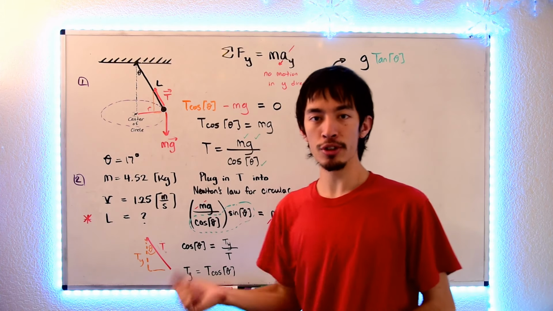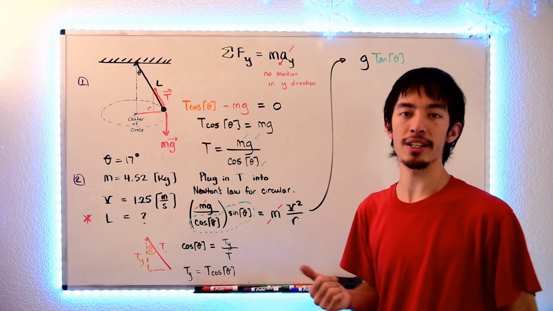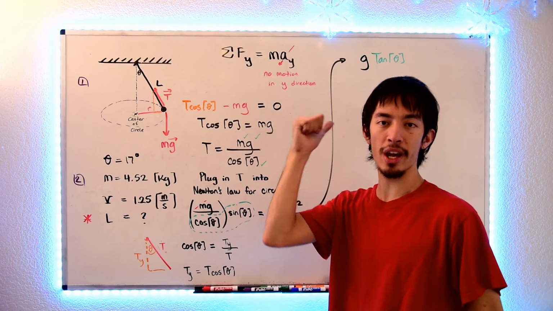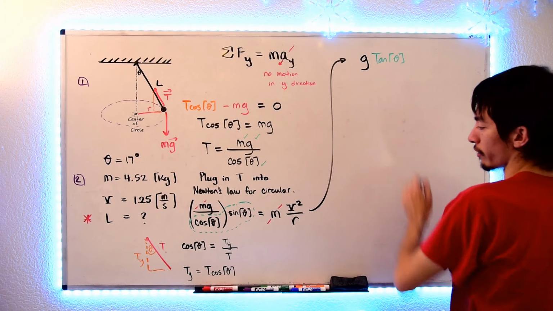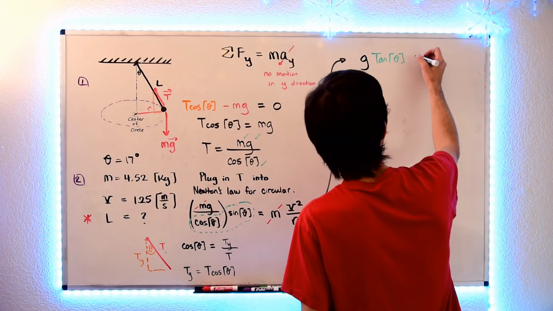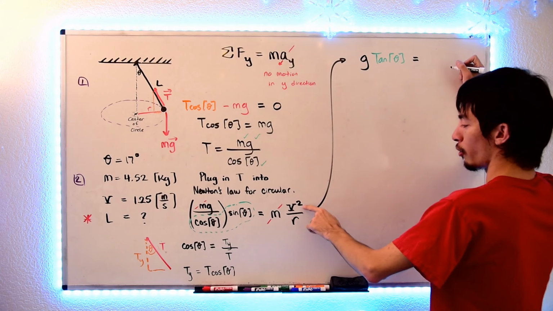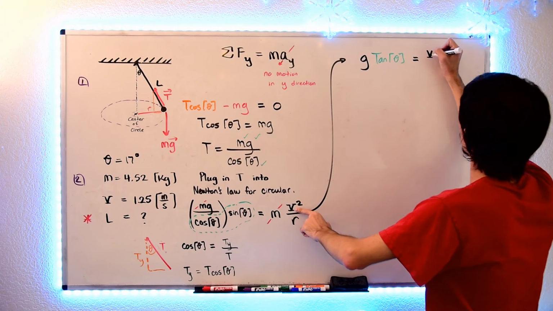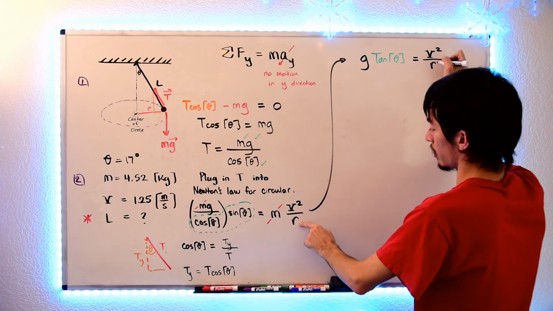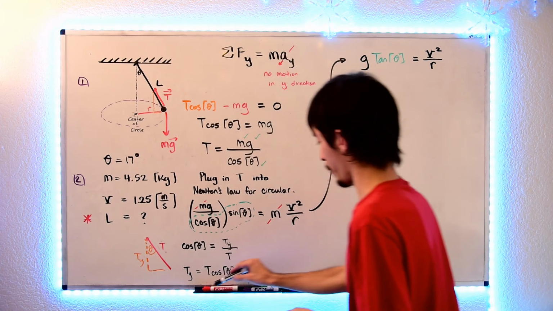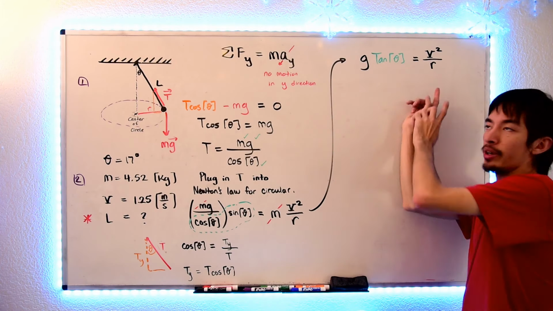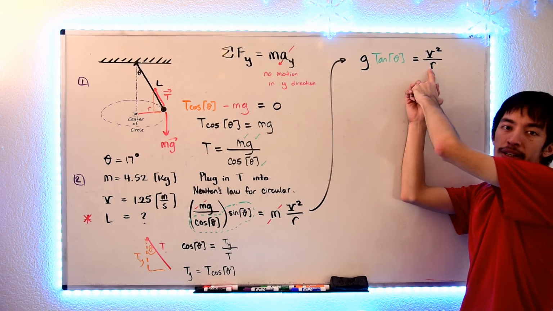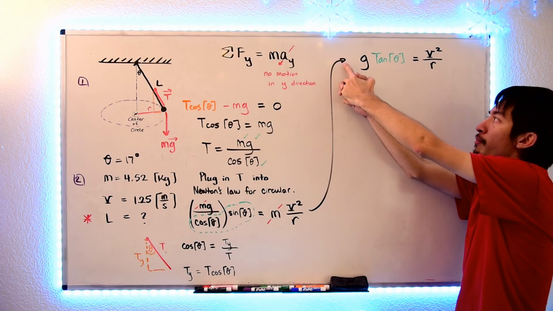Again, optional for this problem. You don't need to do it, but in some problems that's actually a good way to solve the problem, by combining them into one trig function. Equals, right side, all we have left over is v squared divided by r. To solve for the radius, we're going to move the radius over to the left side by multiplying it over.